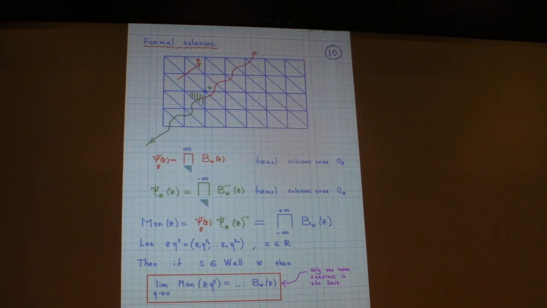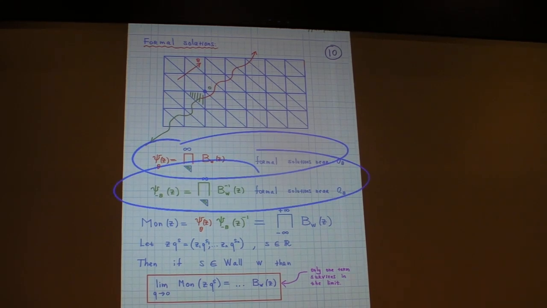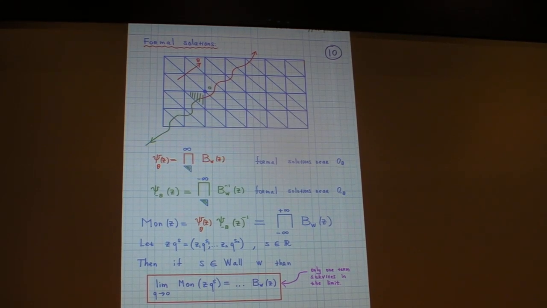And it's going to be given by, again, the same kind of infinite product, but now you go from the fundamental alcove to minus infinity, again in the direction given by minus the stability condition. So again, we have these two formal solutions. They are well defined, so we can compute the monodromy in this language. And again, the monodromy is the ratio of these two things. And now it's an infinite product of all wall crossing operators.